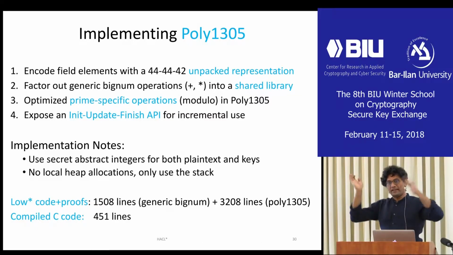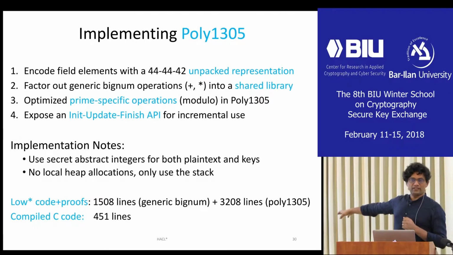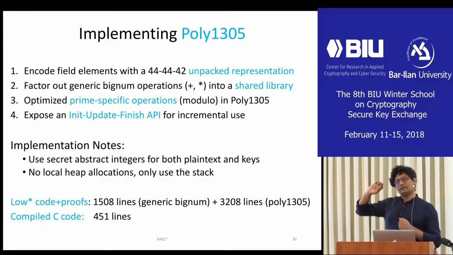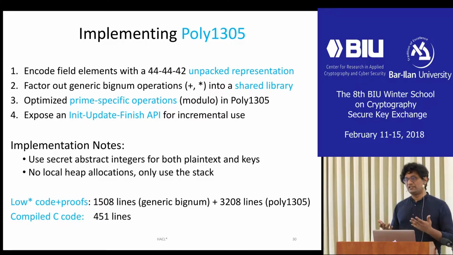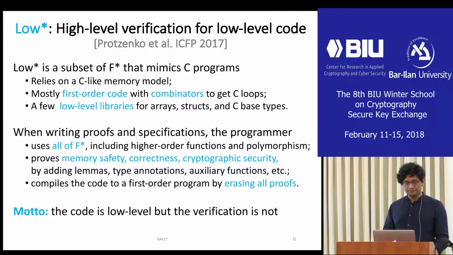And if you compile it down to C, throwing away all the proofs, which you would, then you end up with about 450 lines of C. So we had about 40 lines of spec, 450 lines of C, and to bridge between those two, we had to write this much code, which is about 4,500 lines of code. So it's a significant effort, but at the end of it, you get back a fairly efficient implementation, which has been verified for all the properties you care about.